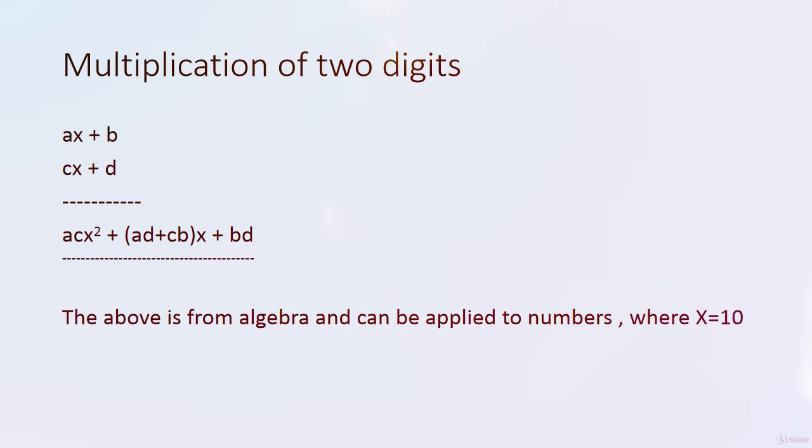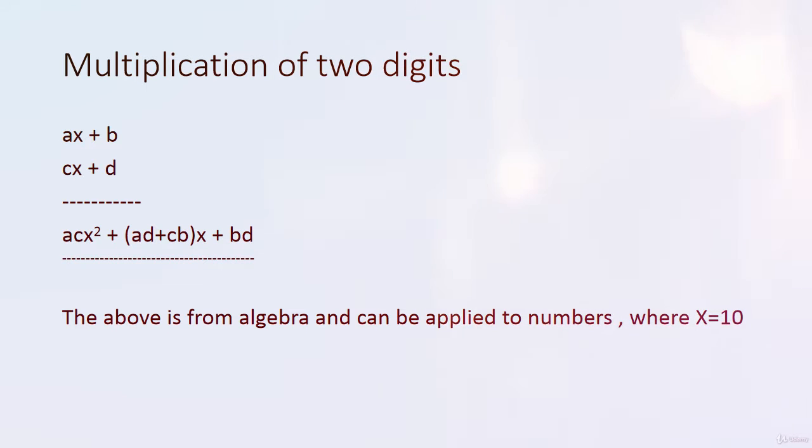In the special case when x is 10, the first digit will be a and the second digit will be b. Similarly, in cx plus d, if x is 10, then the first digit of the number is c and the second digit is d.